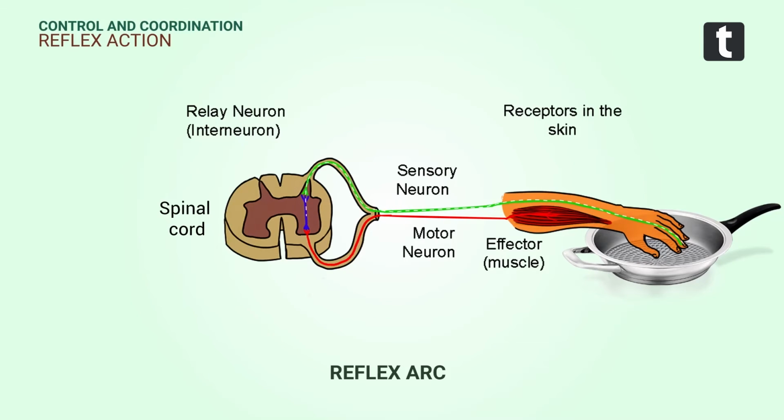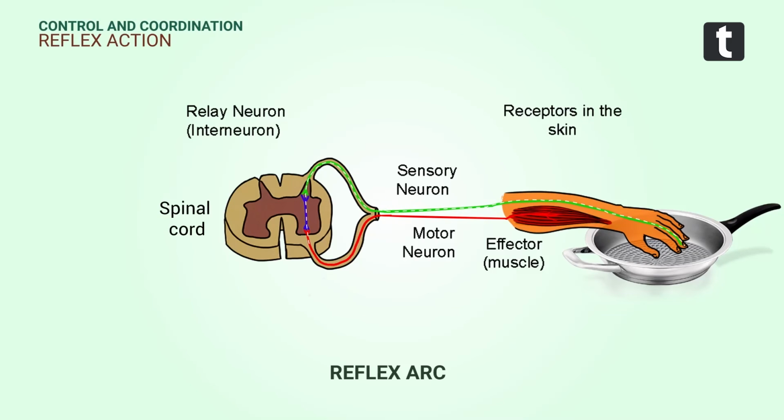Once the electrical impulses from the sensory nerve reach the spinal cord, they will be passed on to the relay neurons. Relay neurons or association neurons are present at the center of the spinal cord, which are responsible for joining the pathway between the sensory neuron and the motor neurons. Once the impulses are passed on to the relay neurons, they will pass these electrical impulses to the motor neurons.